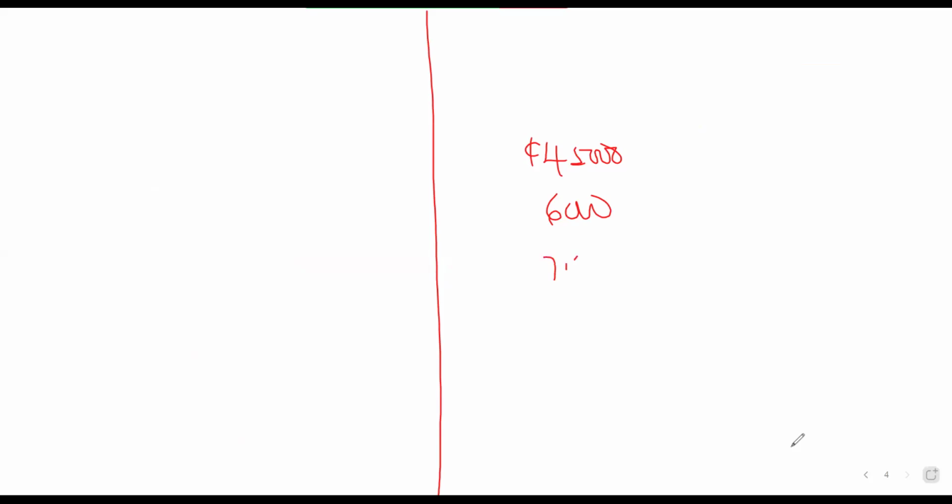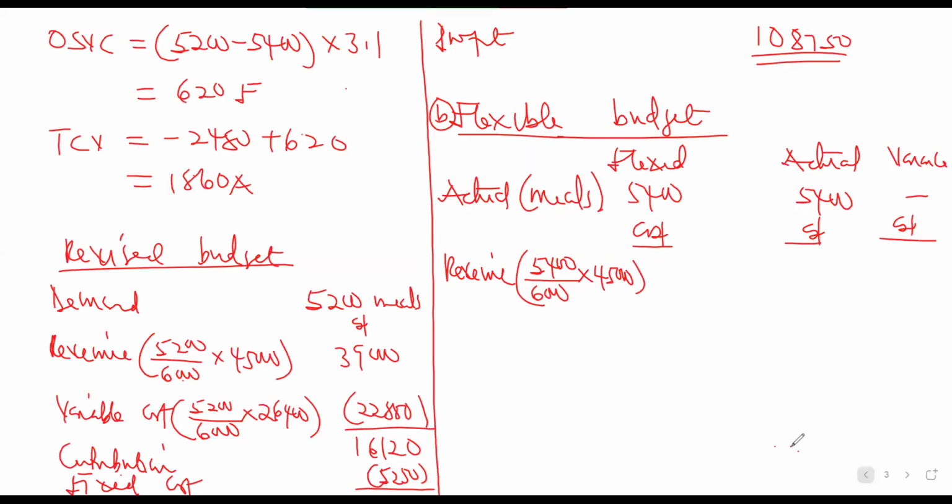So if the price per meal is 7.5, that is the budgeted price. We have now sold 5,400, so what will be the amount that we'll be getting? That will be 7.5 multiplied by 5,400. Get 40,500. That will be the same as 5,400 divided by 6,000 multiplied by 45,000.